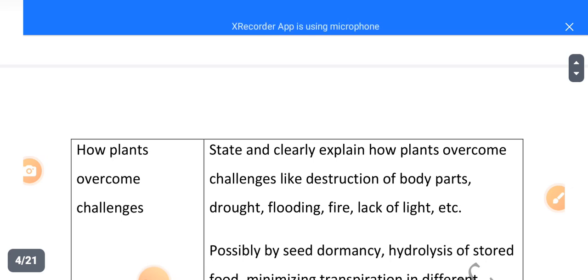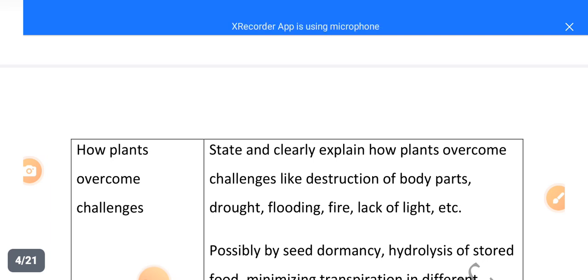Now, lastly, they can say how plants overcome the challenges. When they say how plants overcome their challenges, this question is tasking you: in which way do you think that these plants can overcome their challenges? For example, they can give you that coffee was hit by the hailstorm, and what happens?